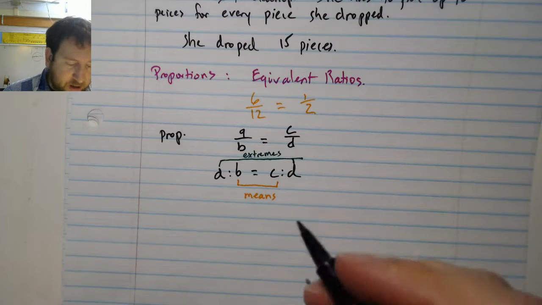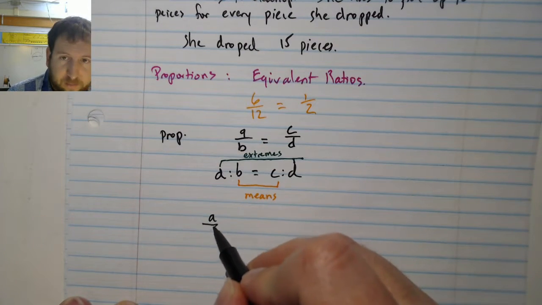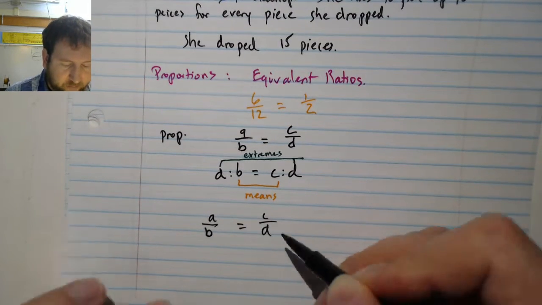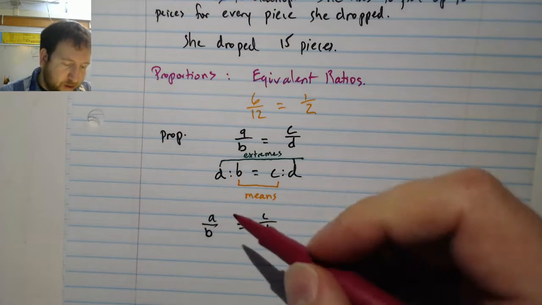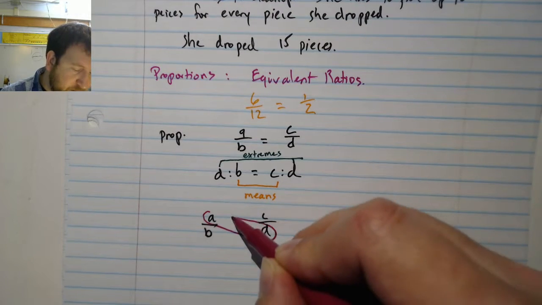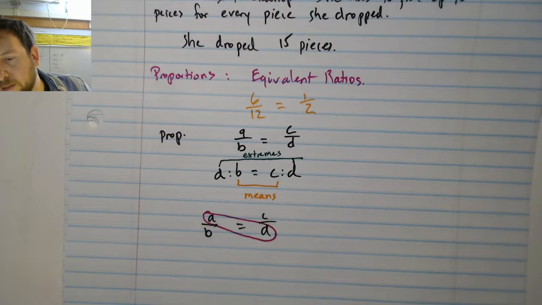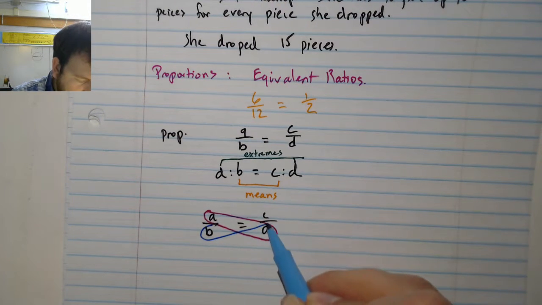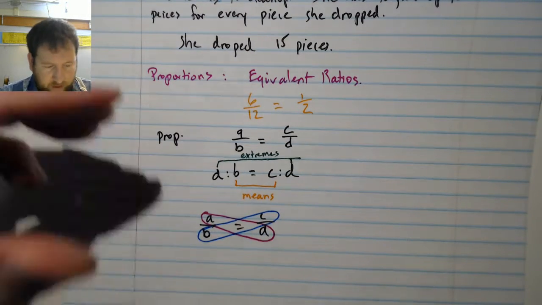I can instead write it like this if I return to my fractions, which I usually prefer: A over B is equal to C over D. And what I would do is I just multiply whatever number is on the opposite side. Let me find a color that's going to work better. Let's try this one. Sometimes it's called little butterfly wings, called lots of different ways.